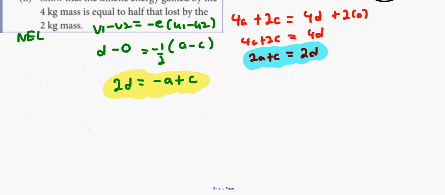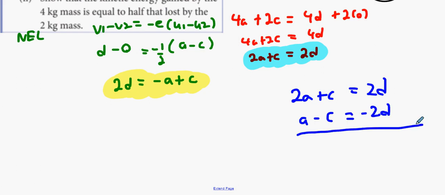All right. So what I'm going to do is rearrange this underneath. So it's going to be the top equation, 2A plus C equals 2D. I'm going to multiply this one by -1, and I'm going to get A minus C equals minus 2D. And lo and behold, the maths doesn't lie. 3A equals 0, A equals 0. They were moving perpendicular to each other because one of them only, you might write yourself a little note here.